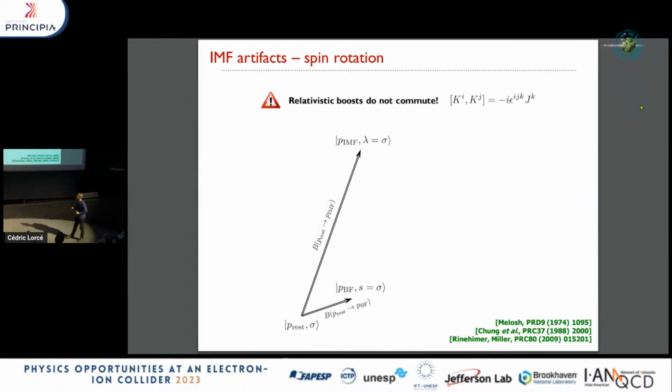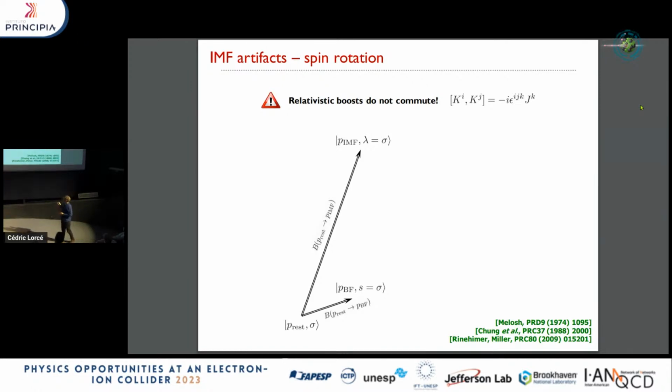The usual one is that you define a canonical boost, the usual definition for the polarization that you have for the free Dirac equation and so on. You take the rest frame and then you boost with a pure boost to a certain momentum, for example, the momentum in the Breit frame, or the momentum in the infinite momentum frame. And then you say the state will have the same polarization as the one at rest.